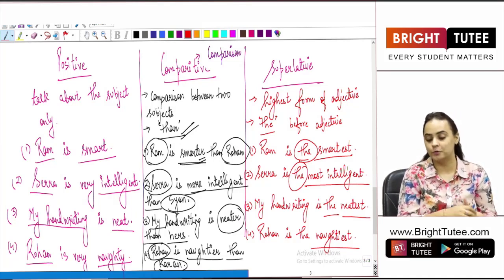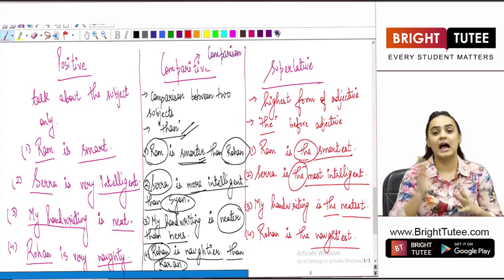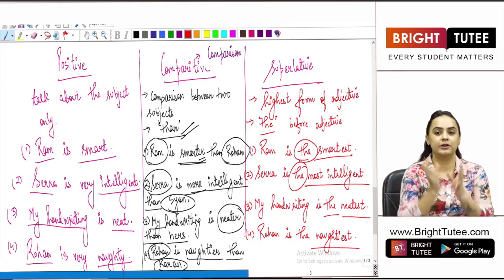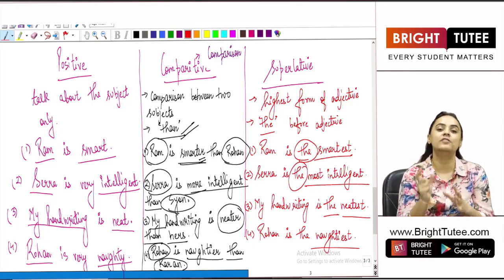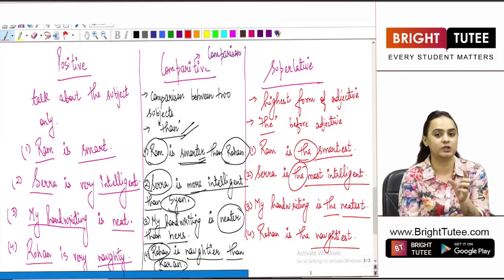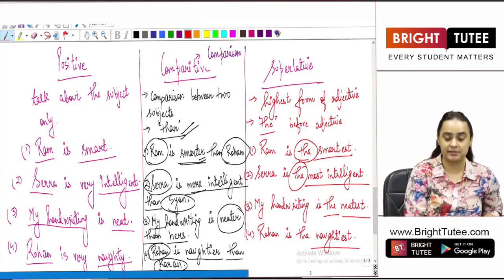The third one was the superlative degree. Superlative degree is the highest form of the degrees of comparison, and your superlative degree will always have "the" before it. So, this is going to be your indication that superlative degree is to be used in this sentence.